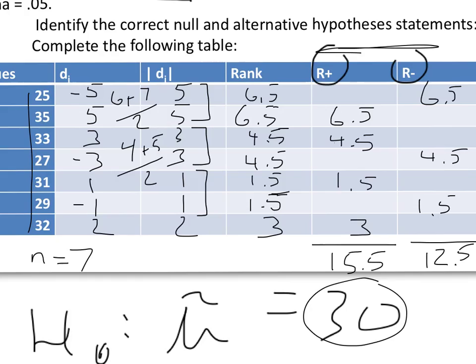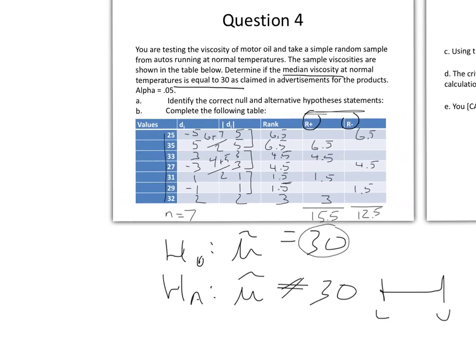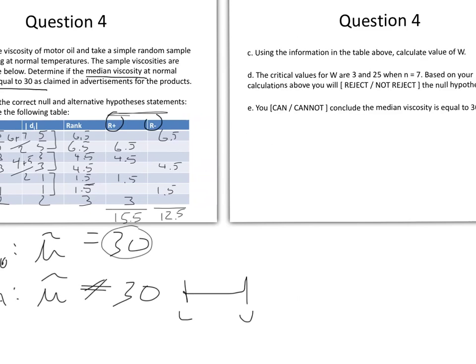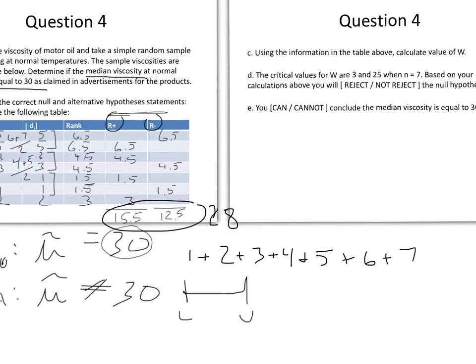But these are our ranks here, or the sum of those, and the total of those, by the way, just if you want to check your work, the total of these two is 28. And that is also, or it should be, if you want to check your work, the total of the 7 ranks. 1 plus 2 plus 3 plus 4 plus 5 plus 6 plus 7 in this case, right?